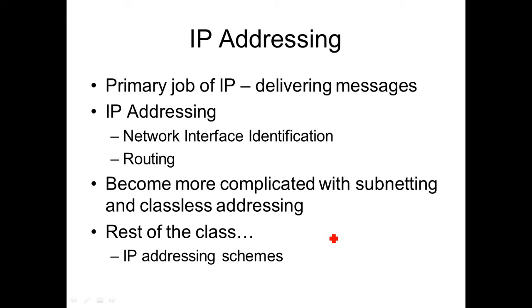These are the primary jobs given in the slide: delivering messages, network interface identification, routing. But the primary job is to identify a device by its address. For example, I want to identify a particular person by a name.